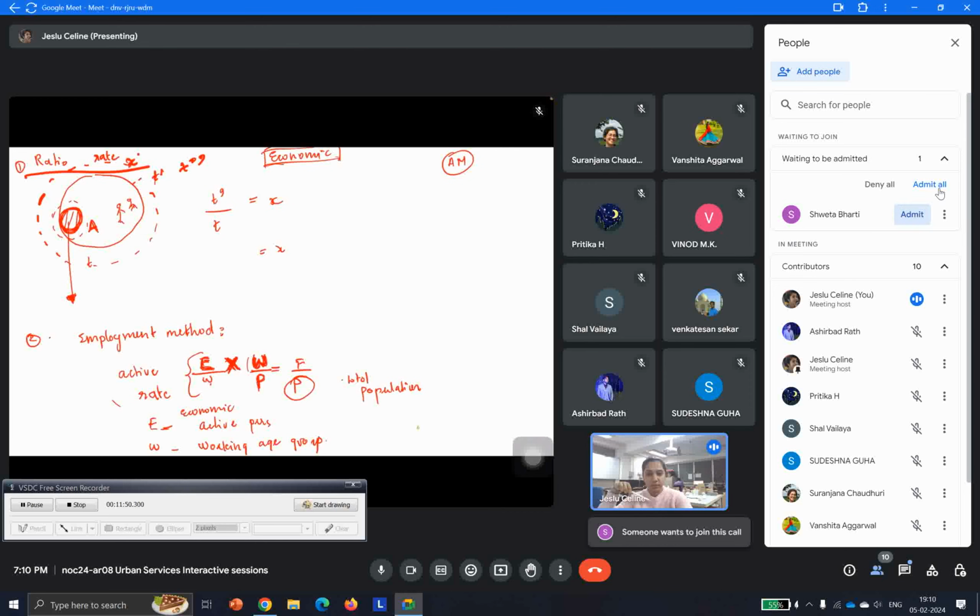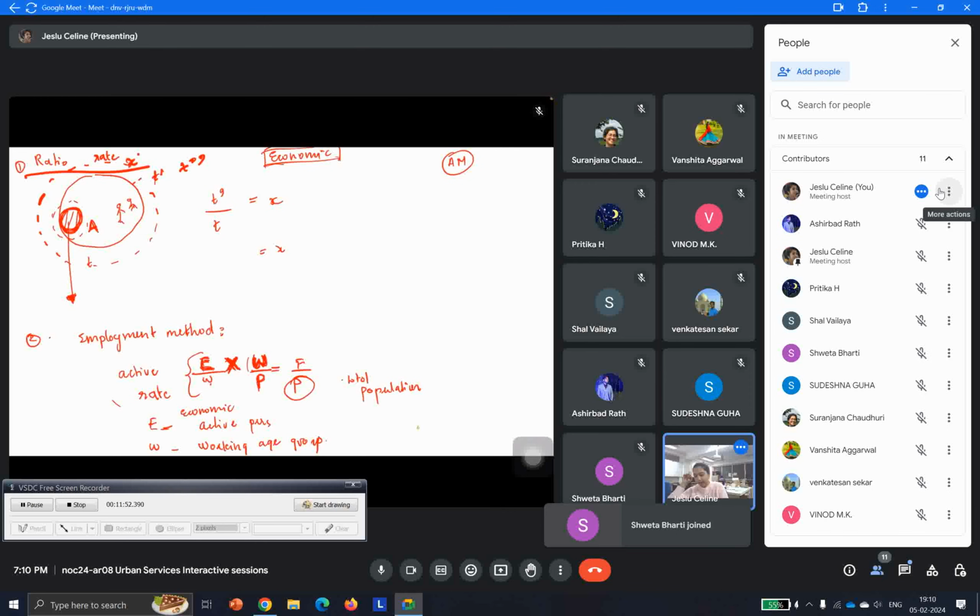The first ratio gives us the activity rate, that is how many people are active in the working age group. That ratio into the ratio of people in the working age group will give us E by P. If you know these two ratios, we can solve this and find P. So this is the employment method.